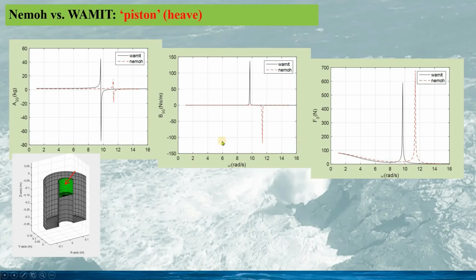From this example, we can see the significant differences between WAMIT and Nemoh results. It should be noted that these spikes do not correspond to the resonance of the actual piston motion, but depend on the length of the piston. And these spikes at high frequencies should not have influence on the piston motion and the wave energy conversion.